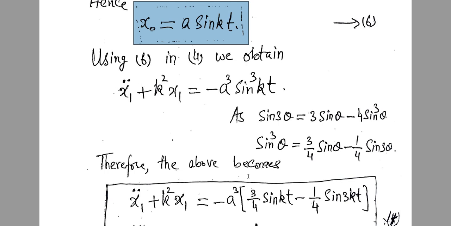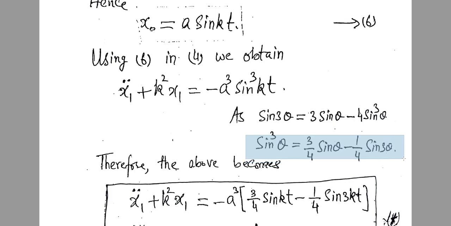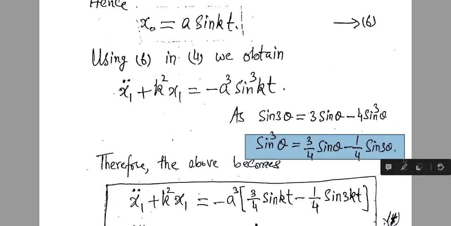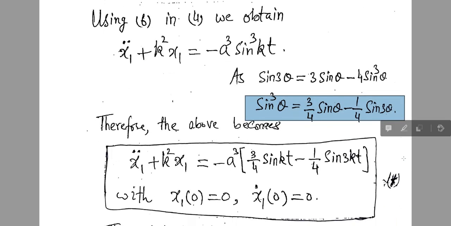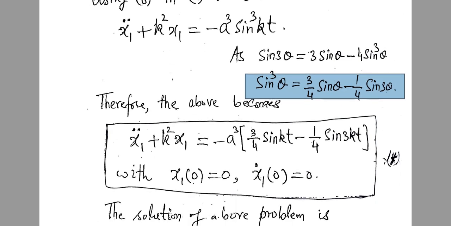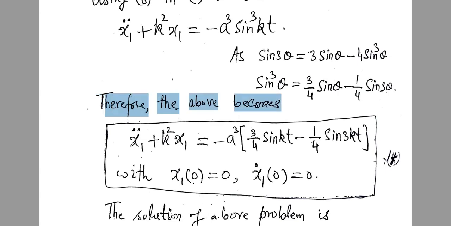Now using the value of sine cube theta, which is 3 by 4 sine theta minus 1 by 4 sine 3 theta, the above second order ordinary differential equation becomes as given in star and highlighted over here.